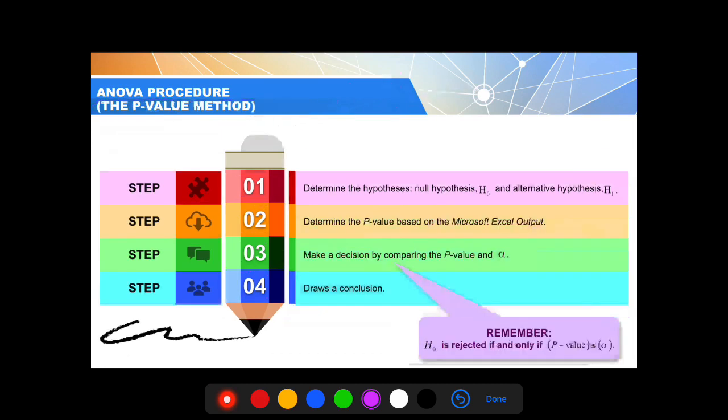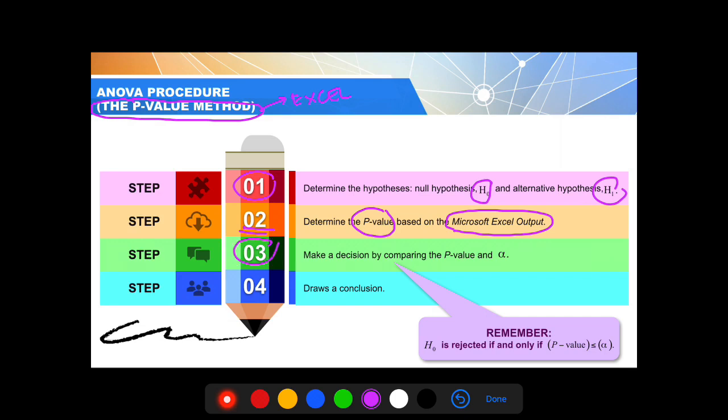So next, we also have another method. We call it the p-value method. For the p-value method, we will use Microsoft Office Excel. If in the conventional method you have 5 steps, in the p-value method you have 4 steps only, simple. Step number 1, also your H null and H1. Step number 2 is no longer the test statistic. Step number 2, we have to get the p-value based on the Excel output. We will show you how to use Excel to get the p-value.